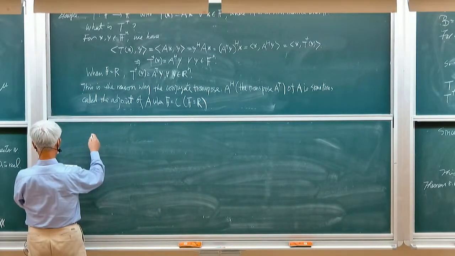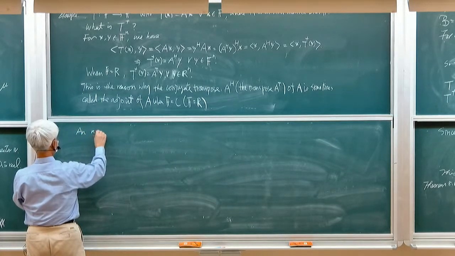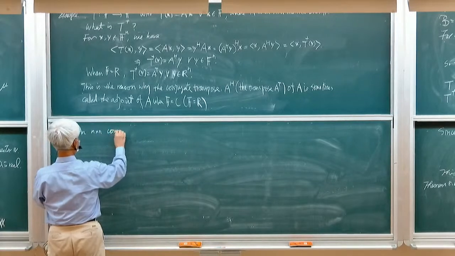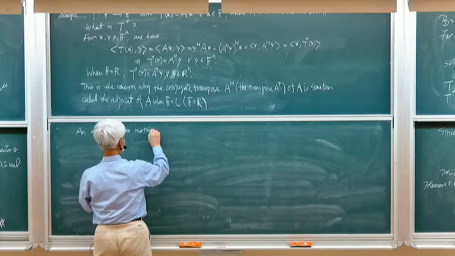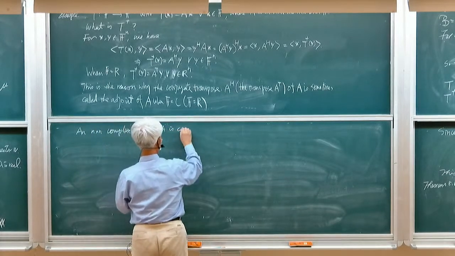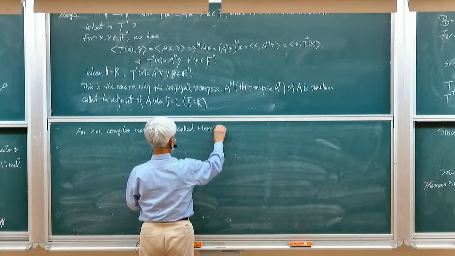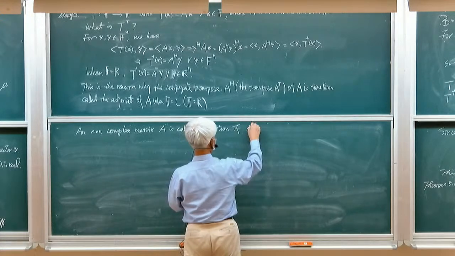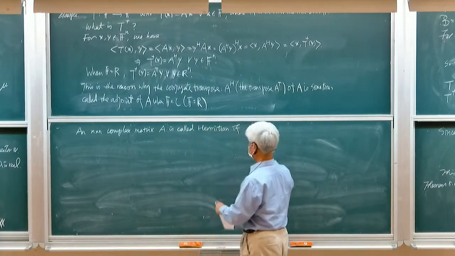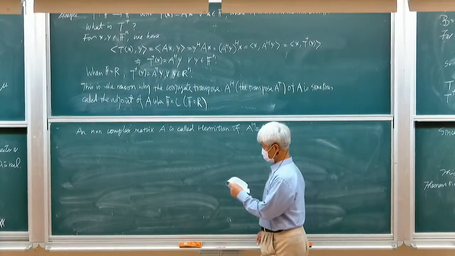All right. Now, an n times n complex matrix A is called Hermitian if A^H equals A, so if the conjugate transpose of A is equal to A itself.